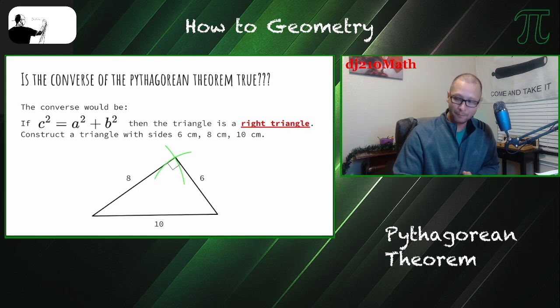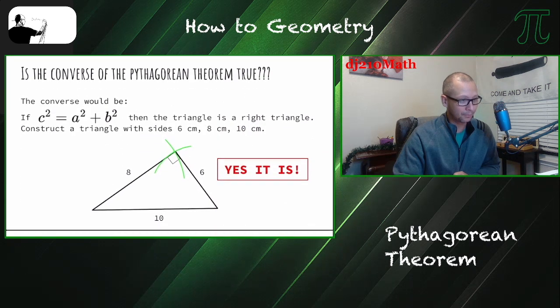Well, if you happen to have a compass and a straight edge handy, you can construct a triangle with sides 6 centimeters, 8 centimeters, and 10 centimeters. And you would see that, yes, it is true.